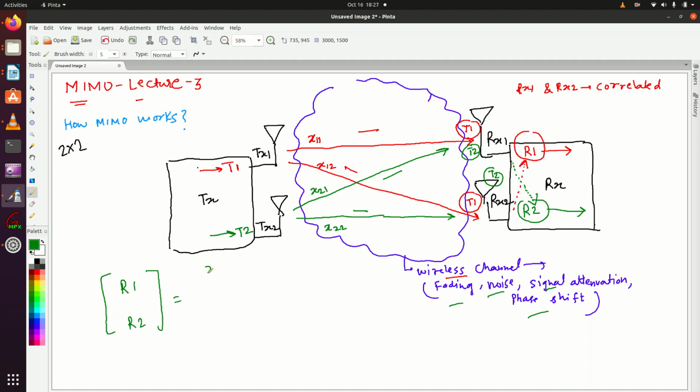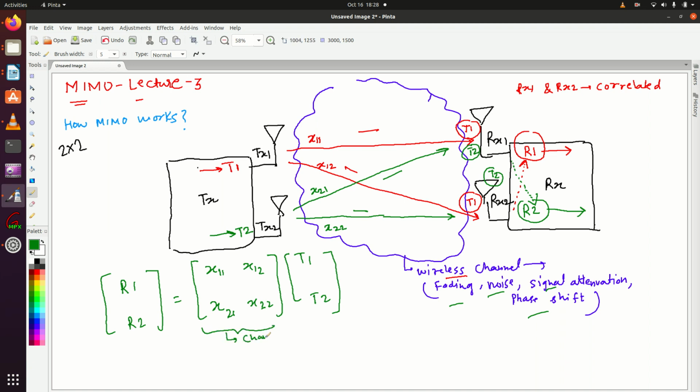R1, R2 equals the matrix of x11, x12, x21 and x22, multiplied by T1 and T2. I hope you remember we call this the channel matrix.